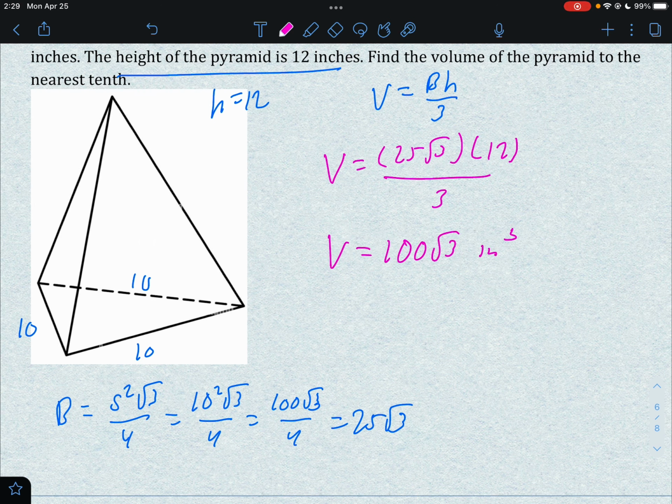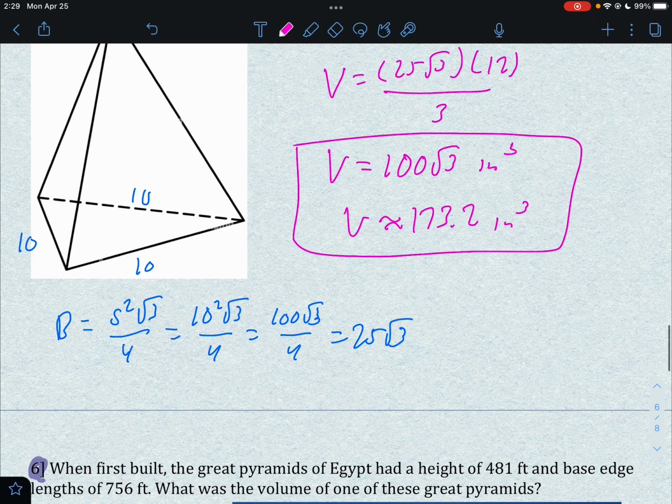All right, there's one last problem here. It involves the pyramids of Egypt. I want you to try this one as well. Pause the video at this point and try it on your own, just so you know this is a square pyramid. So if you need a little guidance, you can scroll back to problem numbers 1 and 2. That's how we did some square pyramids. And when you finish this last problem, you're going to get a very large answer.